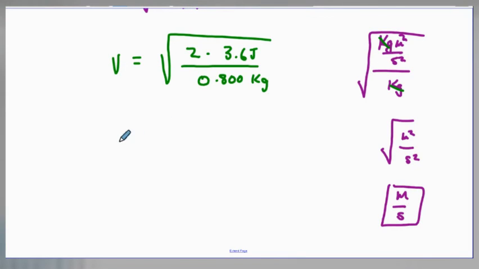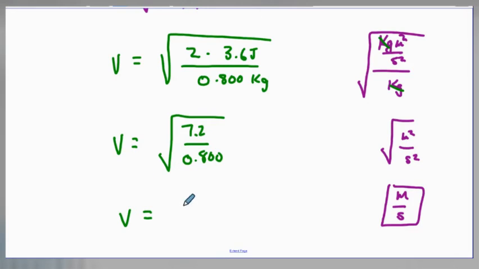Okay, let's see, my velocity is going to be 2 times 3.6, well, that's 7.2, divided by 0.8. Believe it or not, I didn't make this up on purpose, but this is going to be a nice easy one.